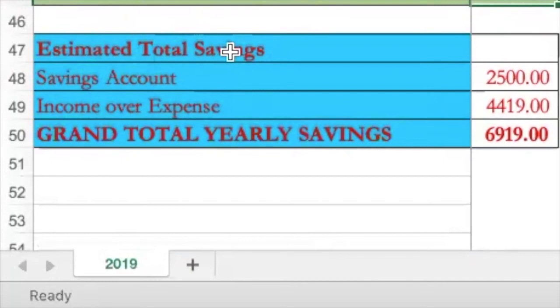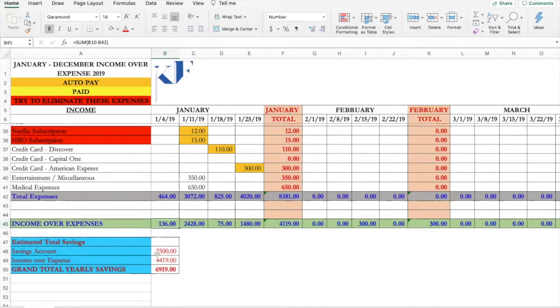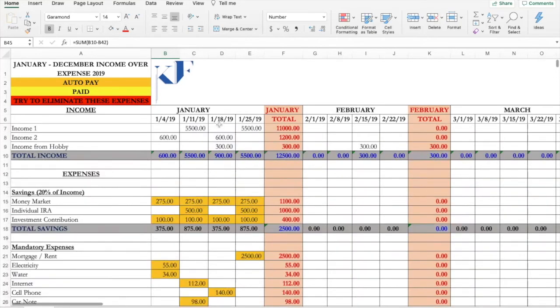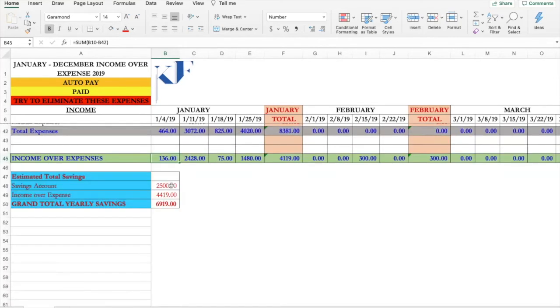Now, in this section, I created a synopsis or a snapshot of what my income over my expenses will look like. This is for the year of 2019. As you can see, I only completed the month of January. Let's say I completed the entire year, and these are the numbers. This is my savings for the year.